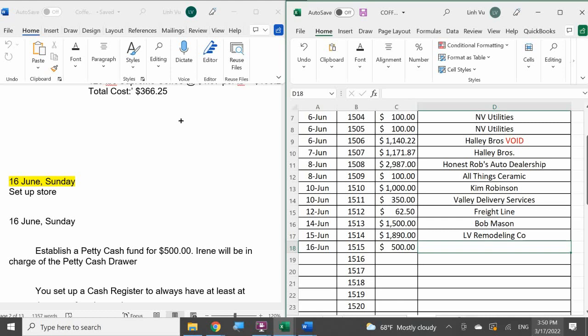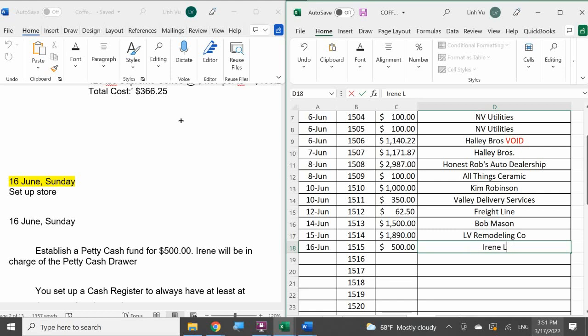Who are we going to send to get the cash to put it into the petty cash drawer? Irene. We're going to send Irene because she's going to be in charge of the petty cash drawer, right? We gave her a job. She already started on the 14th. So here's a second job she can do. She can go get the petty cash for the, why did I write Jasmine?